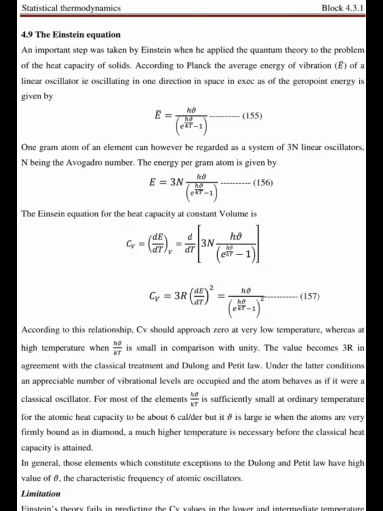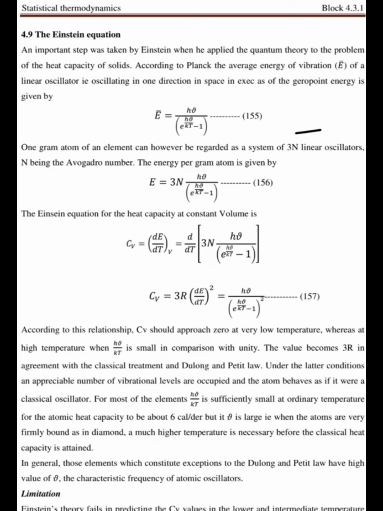So first, in the Einstein theory, when the quantum theory was applied to the problem of heat capacity of solids, E bar is the energy of vibration. So E bar is equal to h theta divided by e to the power of h theta by kT minus 1. That is equation 155.